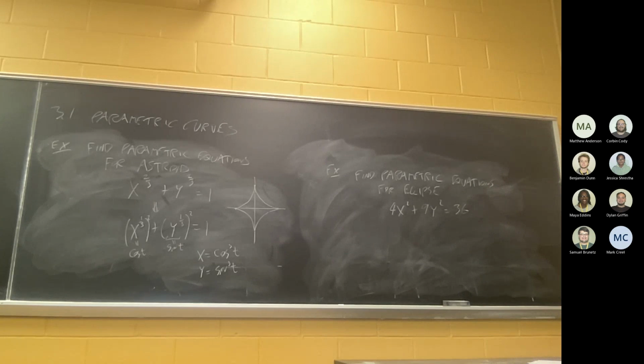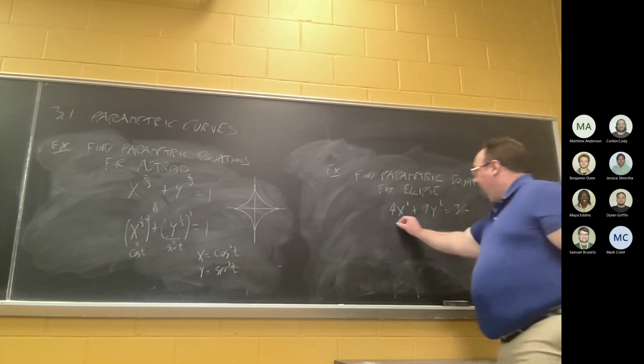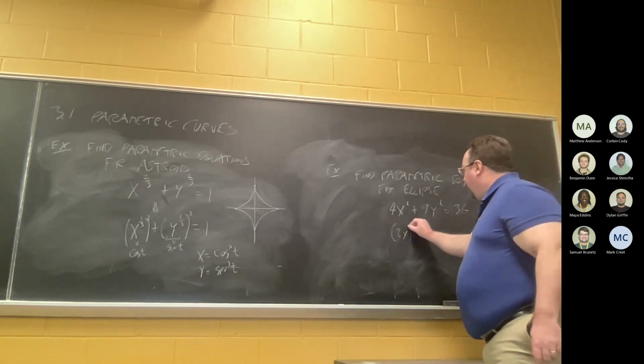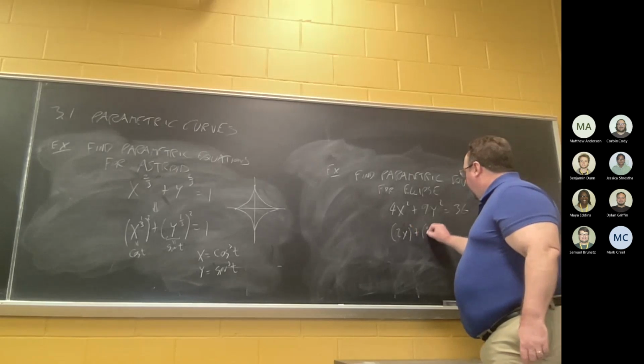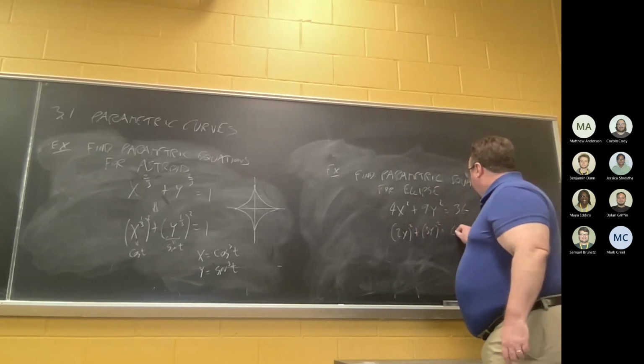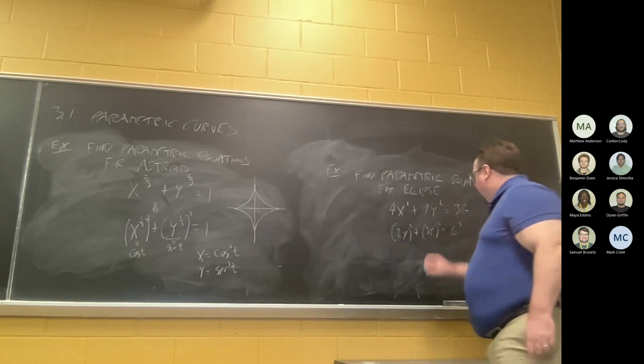So how can we use a similar approach to what was done in the last example to come up with parametric equations for x and y? Okay, so we have a sum of squares, 2x squared plus 3y squared, equaling 6 squared.